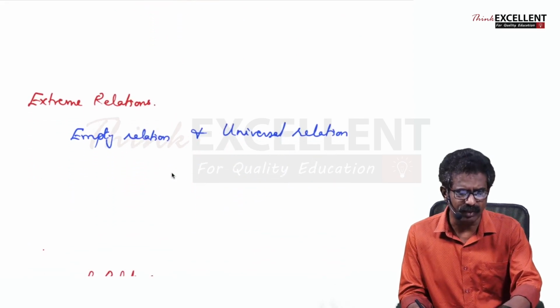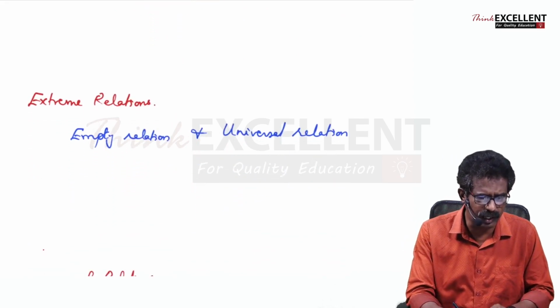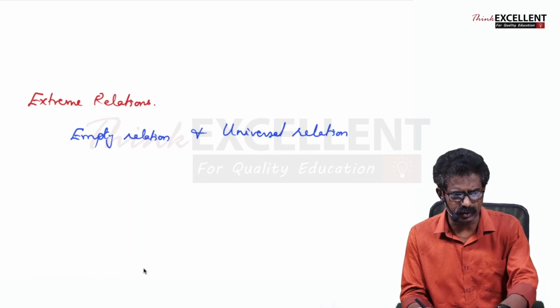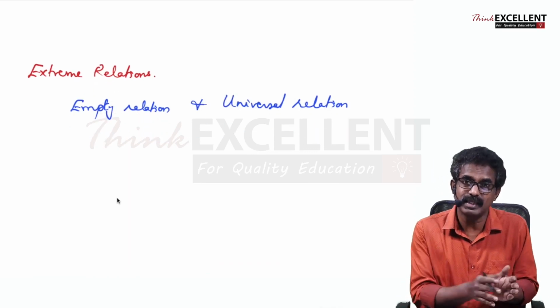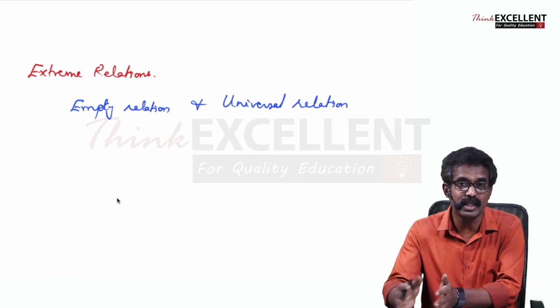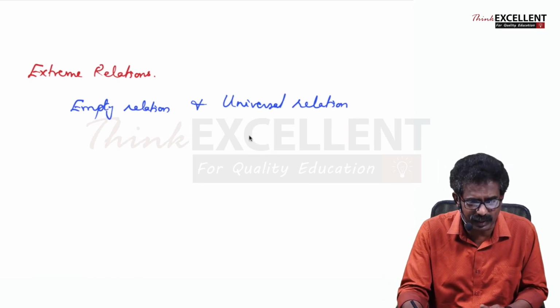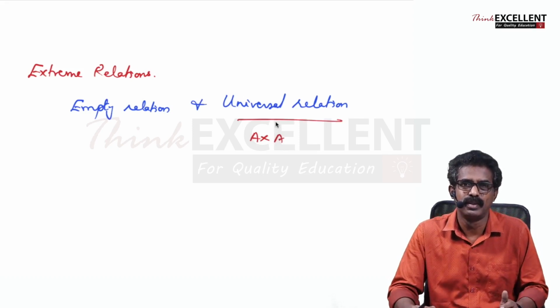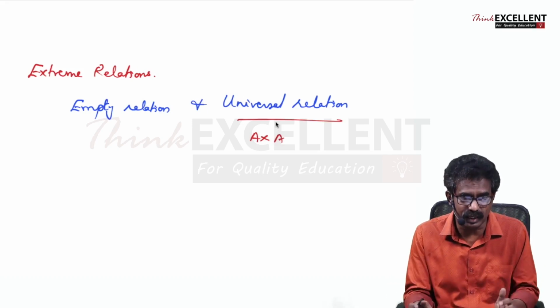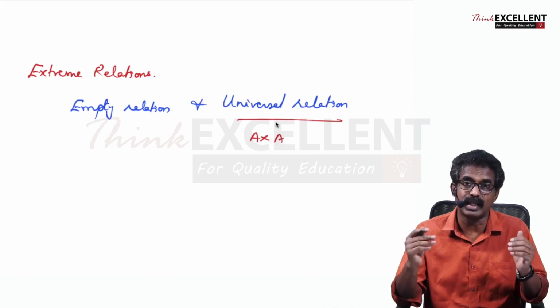So now we are going to study two types of relations. One is the smallest one, that is called the empty relation. So nothing is there. Because any subset you can write, no? The empty set is a subset. And the whole set is also a subset. Whole set means A cross A, and that one we call the universal relation. The entire set A cross A. Like the universal set which contains everything, right?